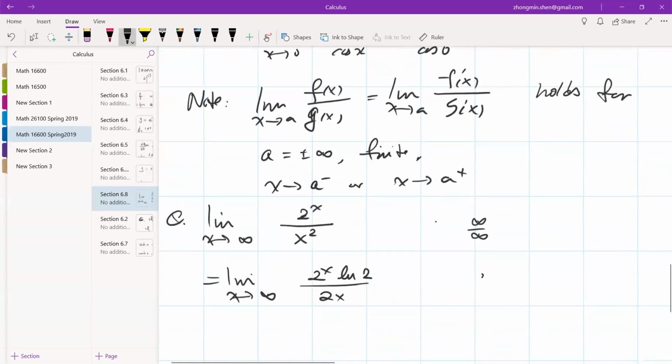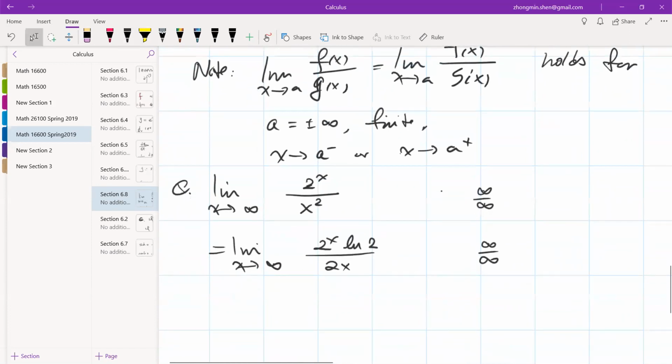And you double check again, this still has infinity over infinity type, because when x goes to infinity, 2x goes to infinity. So you can continue to apply L'Hopital's rule. So it's going to be the limit as x approaches infinity of 2 to the x, natural log of 2 squared, over 2. Right? The derivative of 2x is just 2.